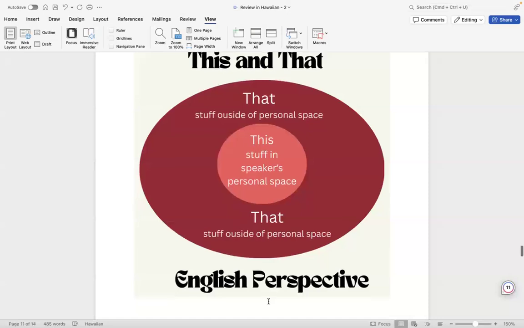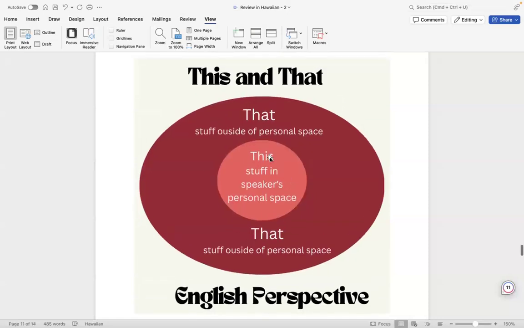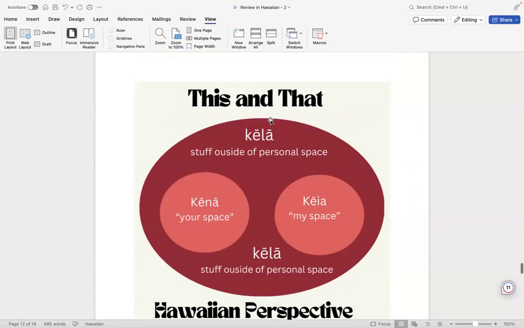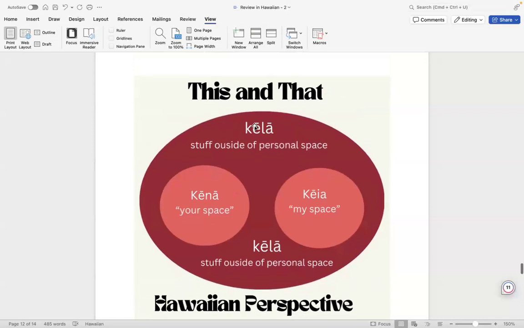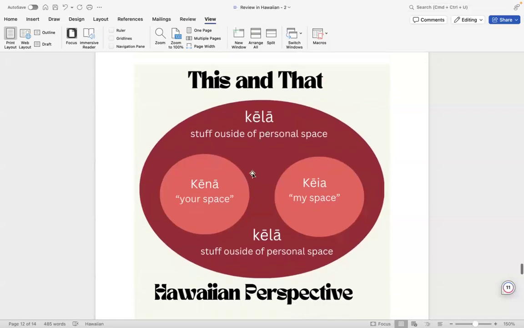All right, so in the English perspective, this is the stuff in the speaker's personal space, like stuff you could reach out and maybe touch. That is the stuff outside of your personal space. And I love these little ki'i I made, this and that in the Hawaiian perspective.